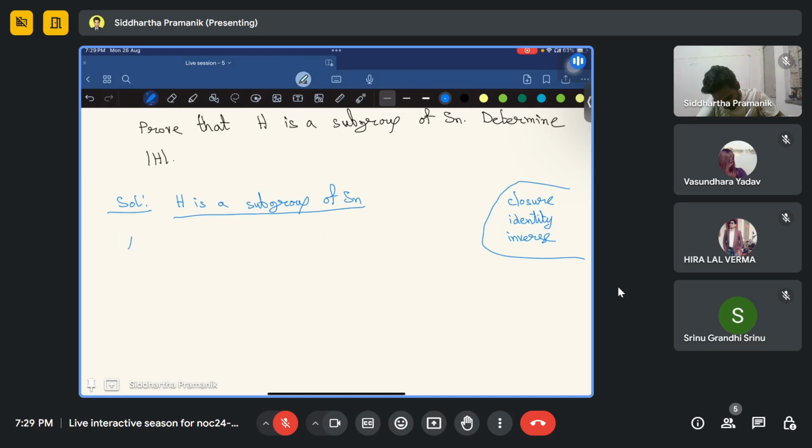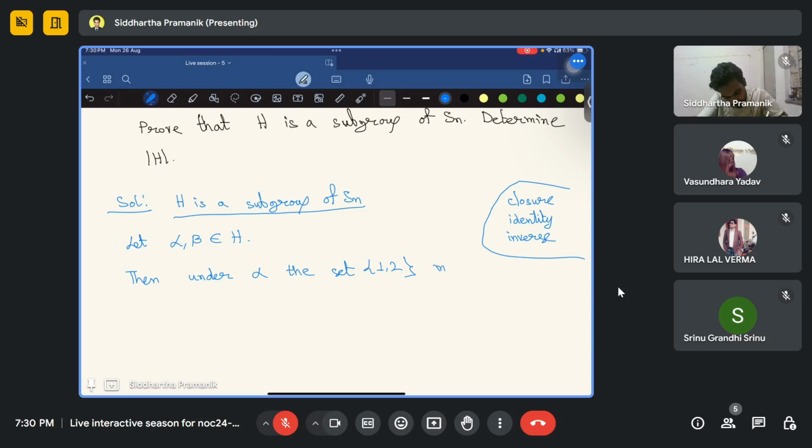So let alpha and beta be two elements of H, right? So then under alpha, what is the image of this set {1, 2}? Under alpha, this has to be the same set, right?